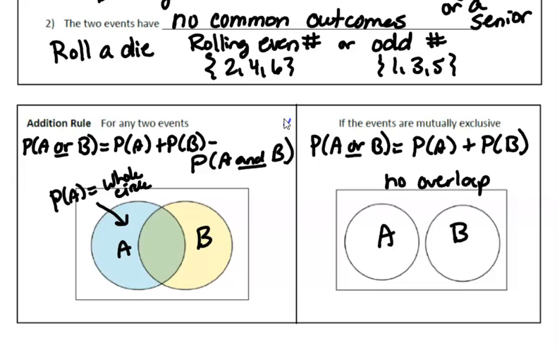But right in the middle we have A and B. If we find the probability of A, that would be all of this blue circle, and the probability of B would be everything in the yellow circle. But then we would have counted the middle part twice, the probability of A and B. So we have to subtract off the overlap so it isn't counted twice.